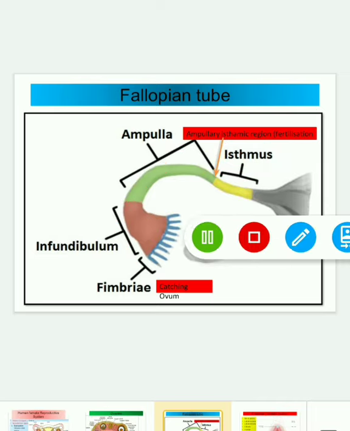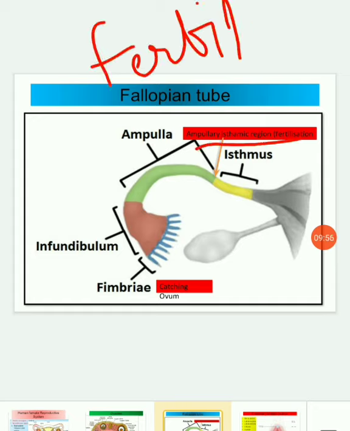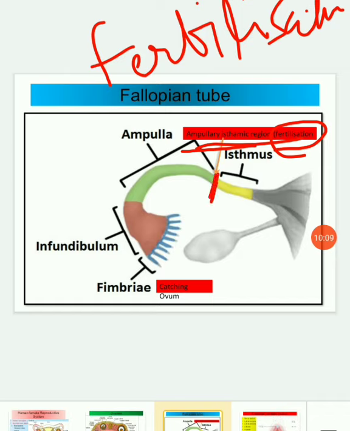Fertilization actually takes place at this position. Remember this, it is asked many times in exams. It may be asked as an MCQ in which region fertilization occurs. It occurs in the ampullary isthmic region, the middle portion between ampulla and isthmus.